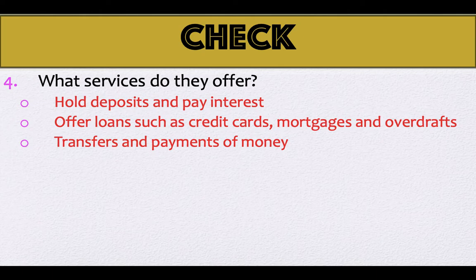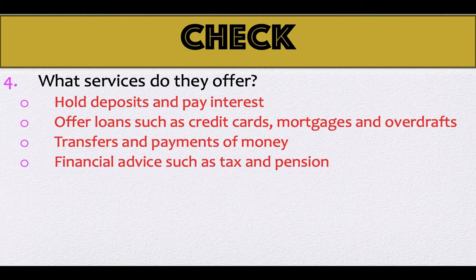They offer services such as transferring money from one account to another, bill payments, or payments internationally. They offer financial advice on things such as tax and pensions, and they often offer currency exchange. There are a few more, but I think they're the 5 main things that I would look for when talking about commercial banks.